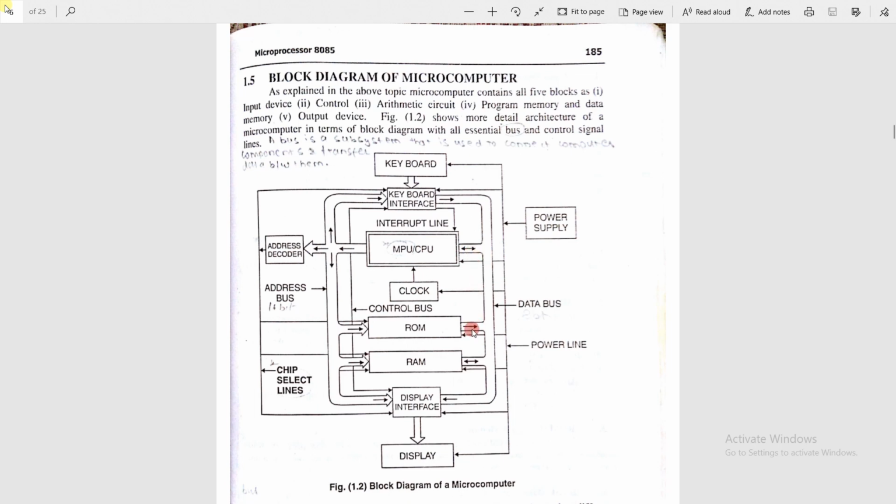Why is there only a single arrow here? Because ROM is read-only memory. We can only read the data; we cannot write data to the ROM. Here RAM is random access memory. We can write data to the RAM or read data from the RAM. That's why it is shown as bidirectional.